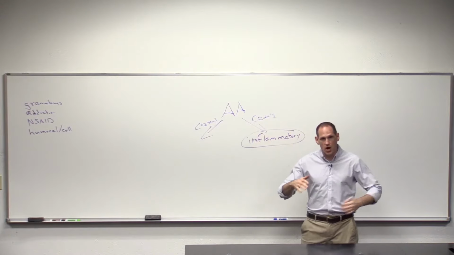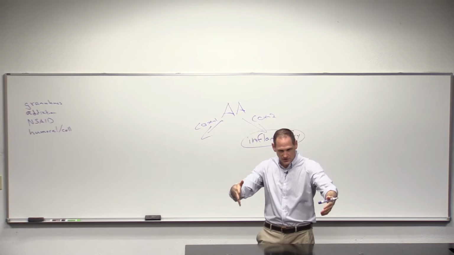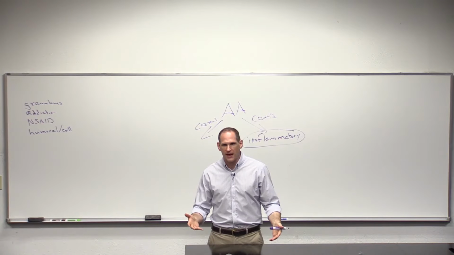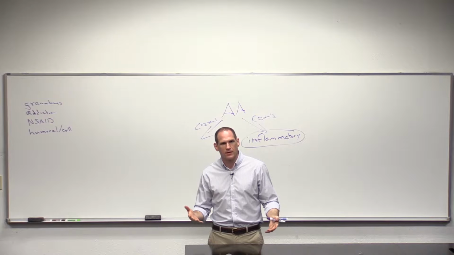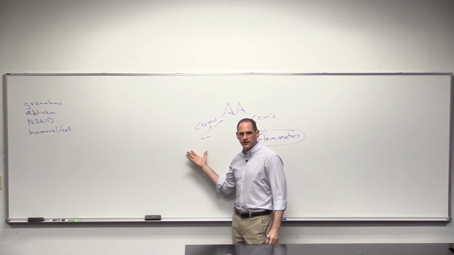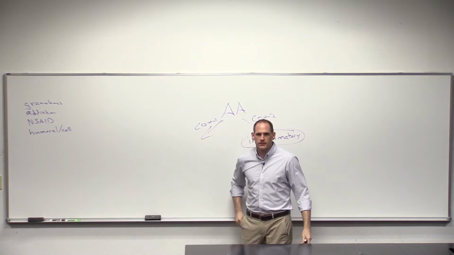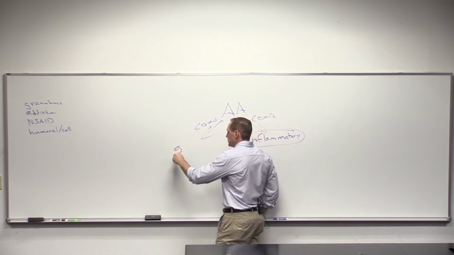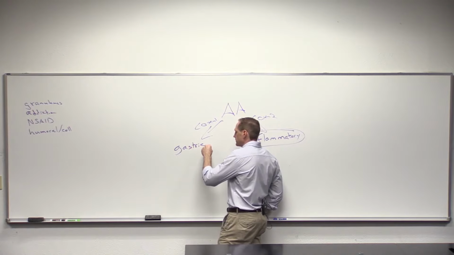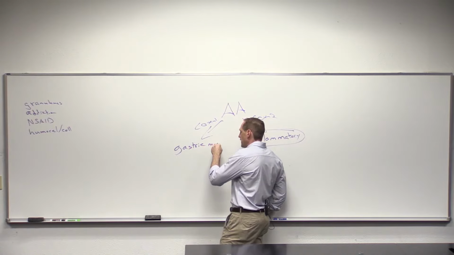So when we inhibit COX-2, that's almost all therapeutic effect. Does that make sense? Now, when we inhibit COX-1, what are we inhibiting? We're inhibiting gastric mucus. Is that an adverse effect or a therapeutic effect? That's an adverse effect.